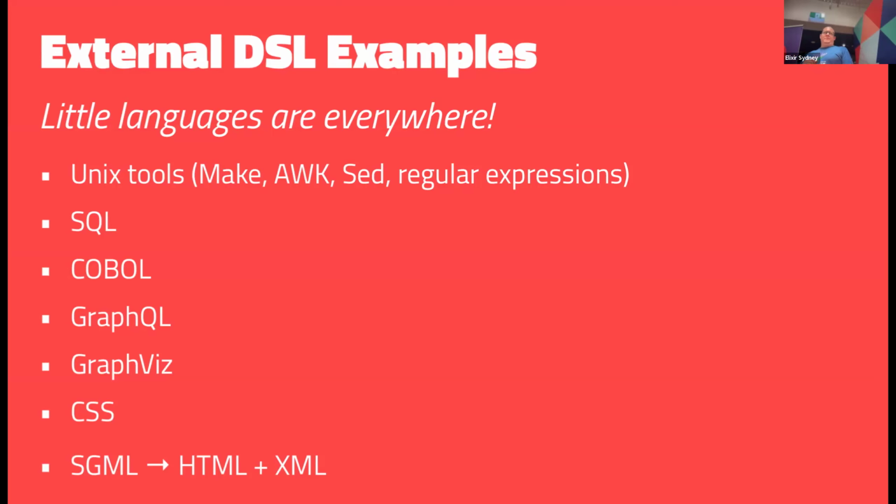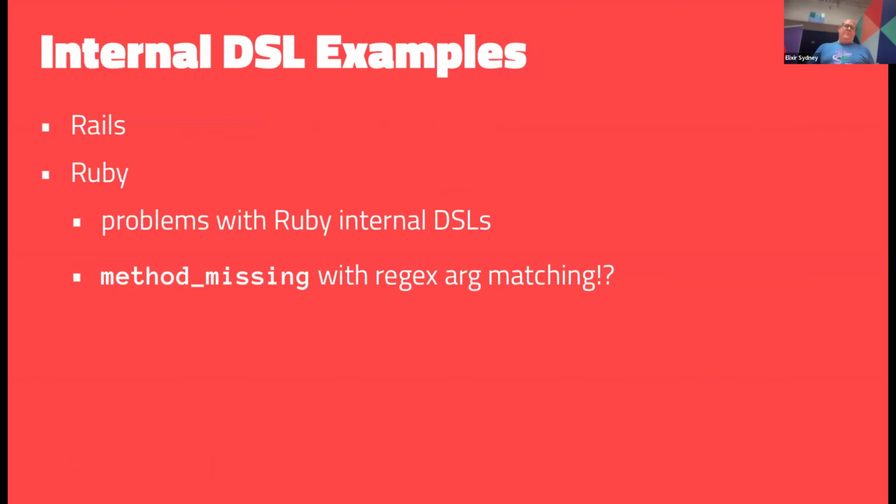That didn't really work out, but that didn't stop them thinking that it might when they wrote them. GraphQL is a good example of a modern domain specific language for API specifications. GraphViz, if you've used that, dot syntax for doing diagramming, pretty great. And even HTML and CSS, obviously they're domain specific languages for content and styling. So lots of examples there.